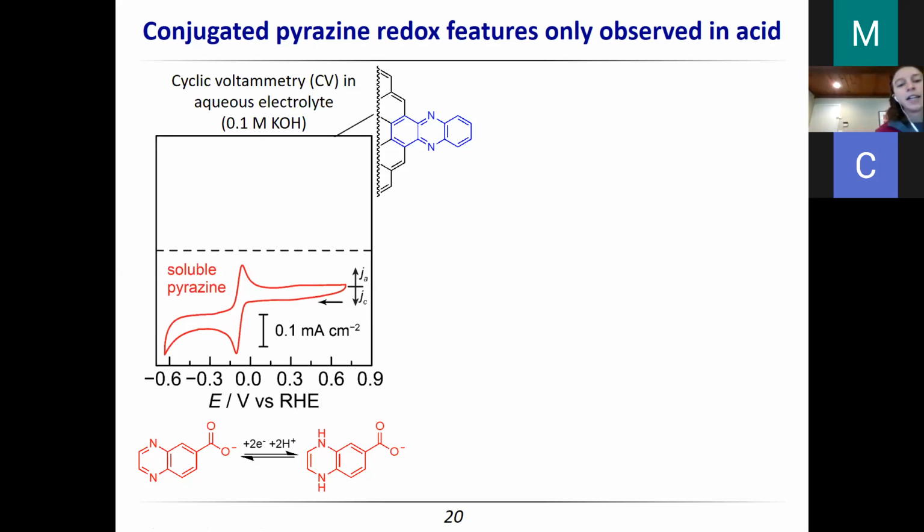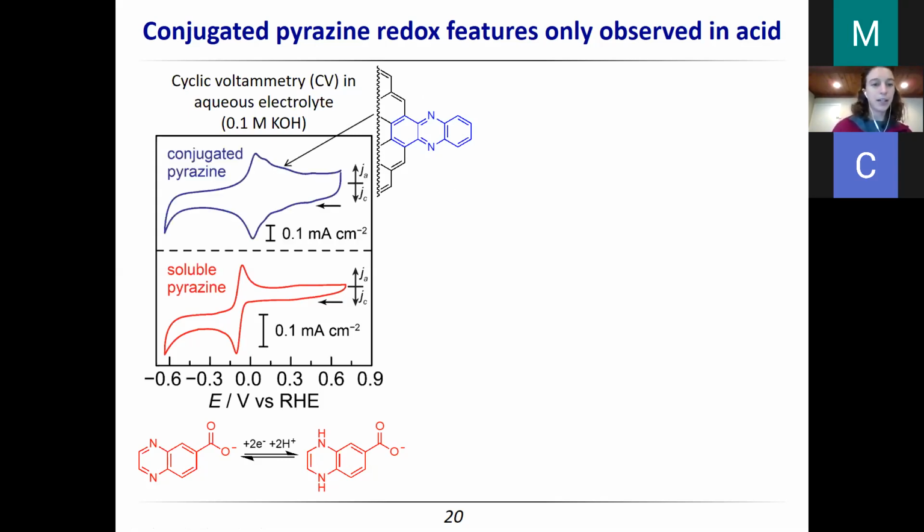So you can see here, we have this reversible redox feature. The compound is getting reduced and then comes back, reversibly oxidized. This process is associated with the 2-electron, 2-proton reduction from the pyrazine to dihydropyrazine. And if we have this species on the surface, we might expect to see something similar when I don't add anything to solution and I just put the functionalized electrode in the same electrolyte.